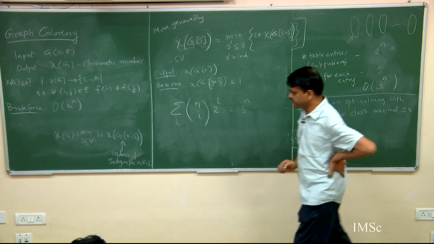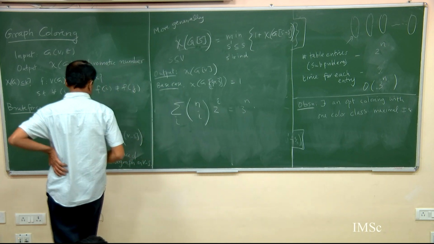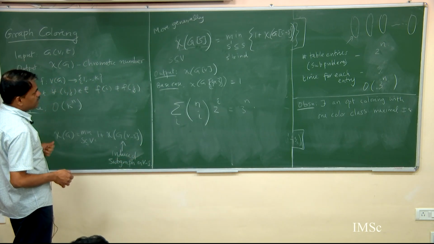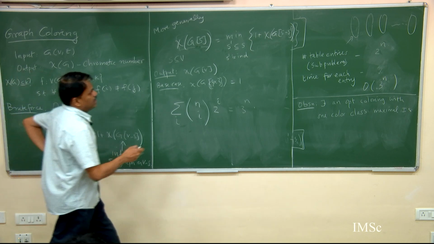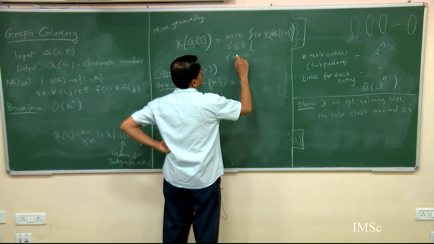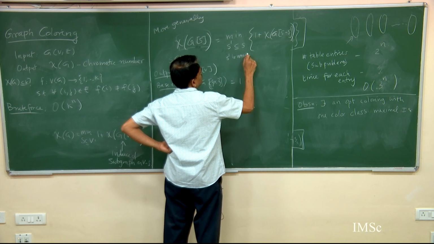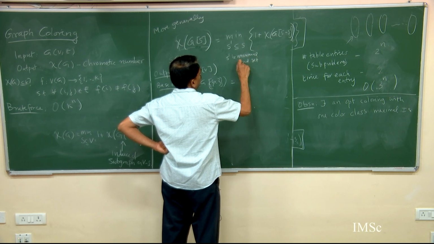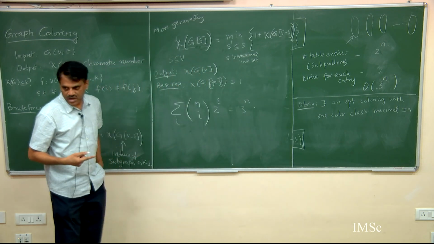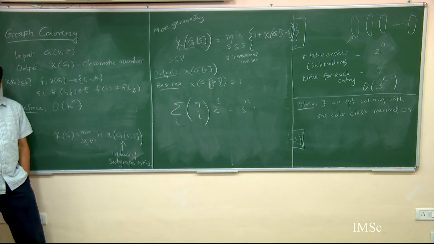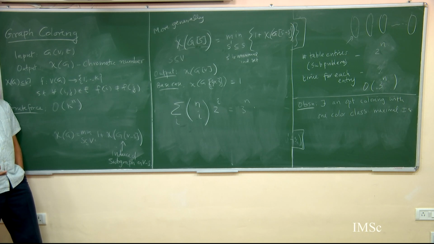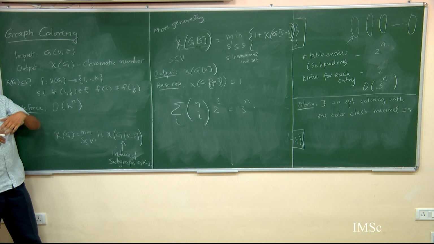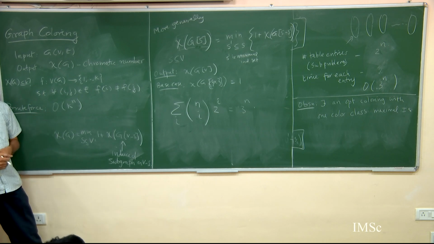So, now how does that improve my running time? Because now I can say S prime is a maximal independent set. So, do not run over all possible independent sets, run over all maximal independent sets, and take that and give one color class and then recursively color the remaining graph.